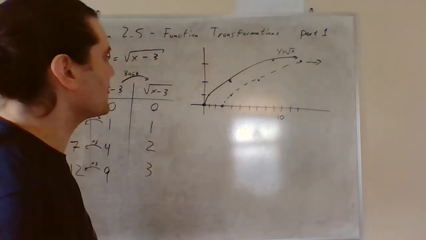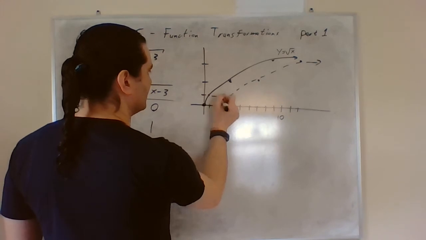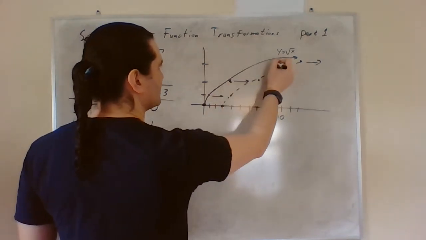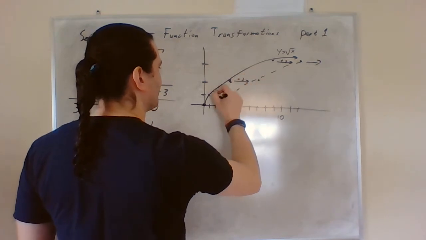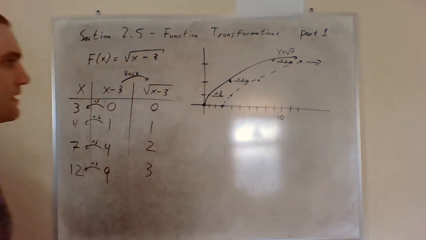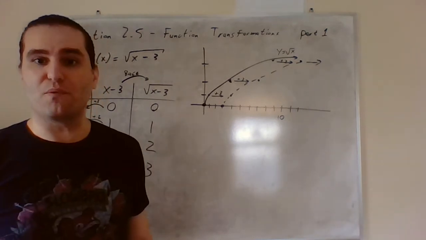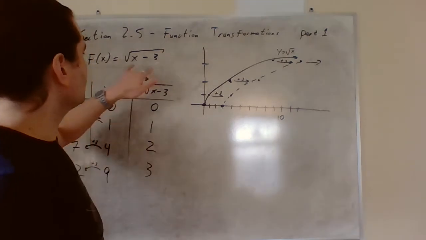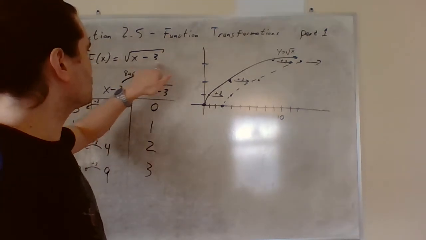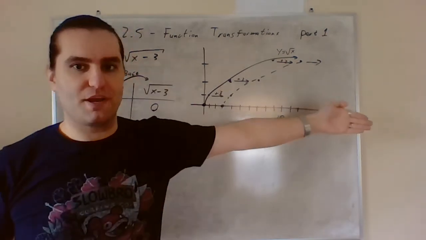Sorry about that. Anyway, what's happened here is that our function has moved 3 units to the right, which, going back to what I was starting to say earlier about what you may expect, you probably weren't expecting this subtraction to move things in the positive direction.